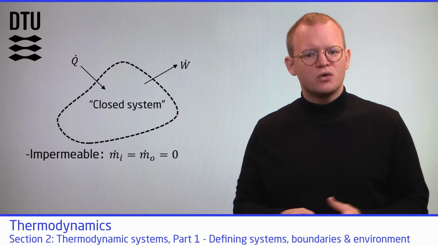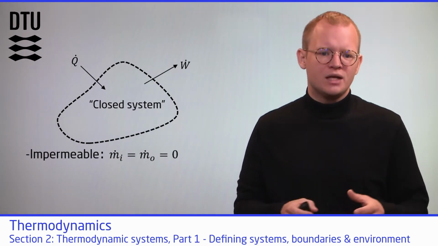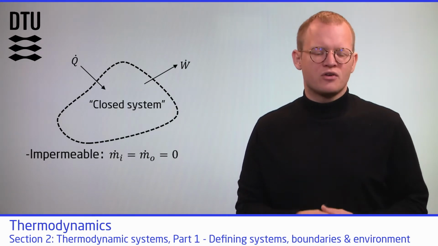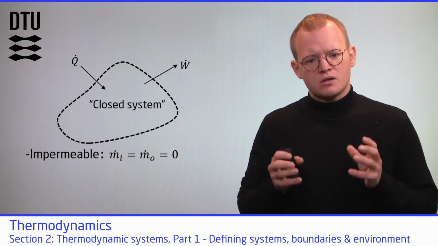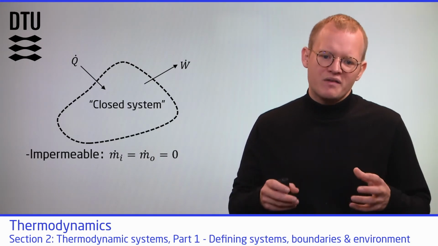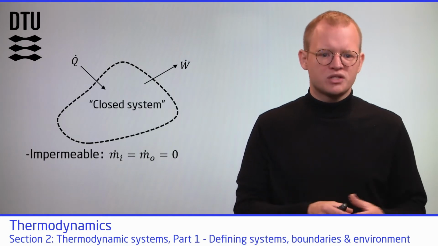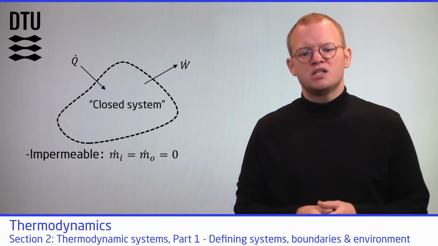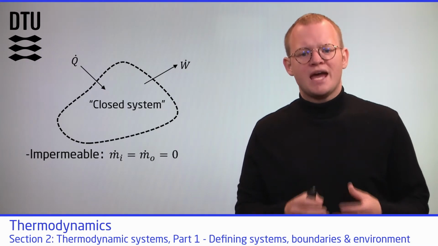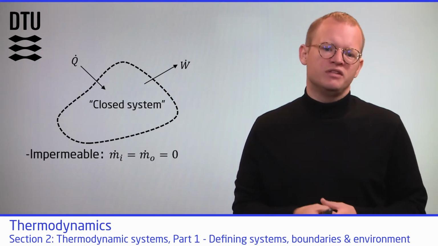However, as the boundary allows the transfer of both heat and work, the closed system is not, like the isolated system, a system of constant energy. Now, closed systems occasionally occur when modeling thermal energy systems. However, this is often only for a part of the process that eventually ends with the transportation of mass to or from the system. And often these situations can be avoided by an alternative definition of the system.